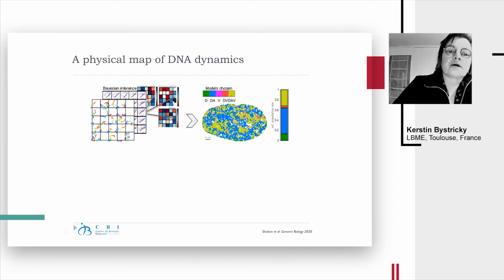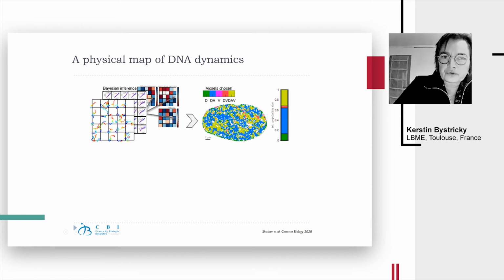And then what you can do, if you have this information for each pixel, is go back and plot it on top of the nucleus. So we obtain dynamic maps of the nucleus with parameters that are specific to each area. So it's spatially resolved. Here are 5 different models that were used on normal and anomalous diffusion. And you can see that there's a mosaic-like distribution over the entire nucleus in this U2OS cell.